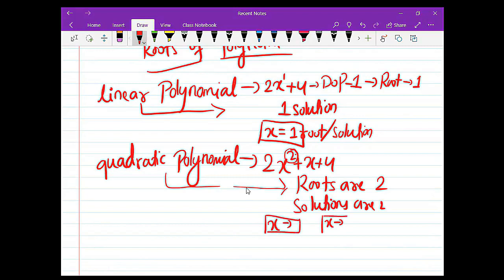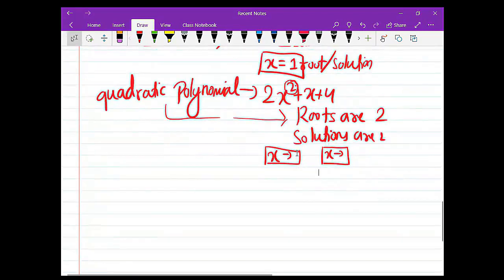And about quadratic polynomial, you will learn in the second chapter of the second term. And in this chapter we are going to learn only about linear polynomial. Okay. Then what about cubic polynomial? What about the roots of the cubic polynomial? I hope now you are able to answer this question.